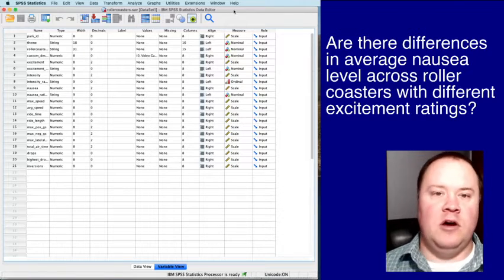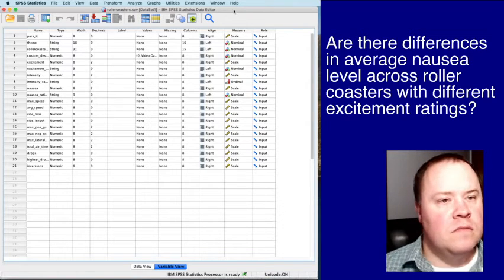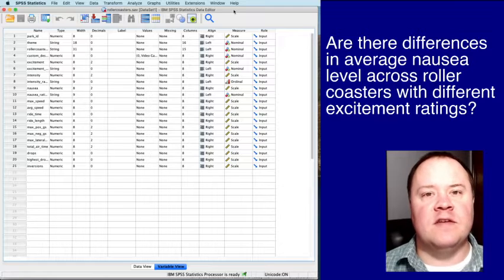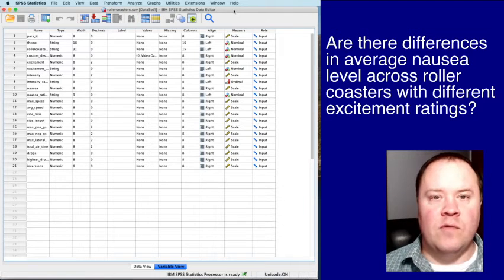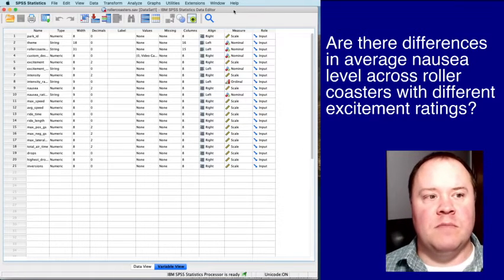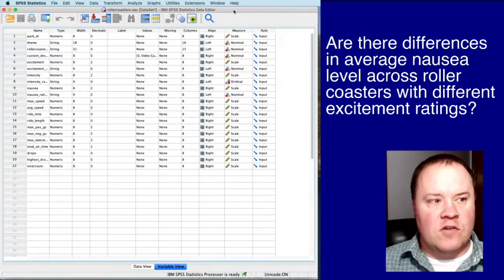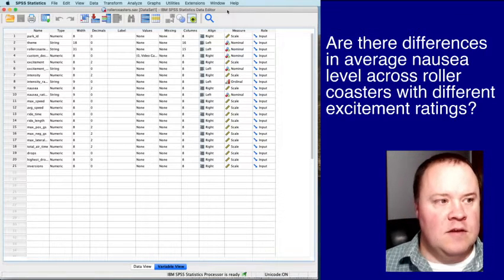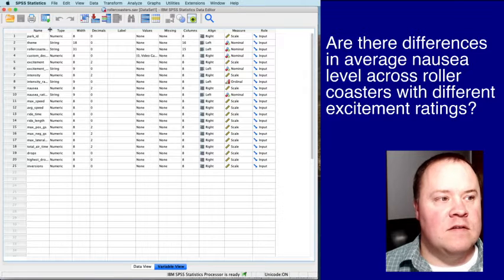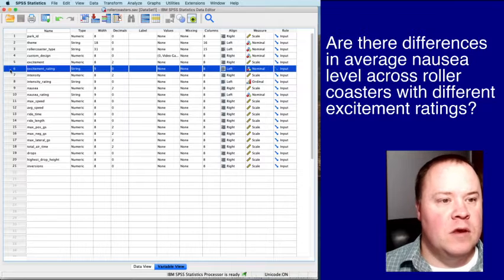This is something you could also think about how to answer using a regression to see if, for instance, as nausea rating or level goes up, does that also mean that the level of excitement is going up with it? Is there a correlation between the two? But in this case, we're interested in this piece in which we have this excitement rating variable, which is nominal.